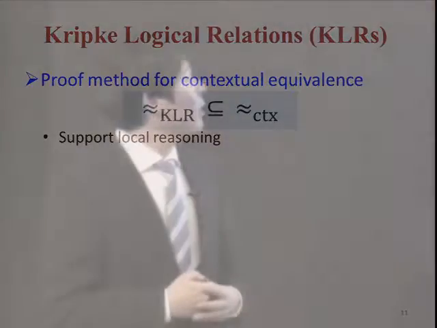So why is this a good proof method? Because it supports local reasoning about program equivalence, which means that when you show two programs equivalent, you can just reason about your local code, not reasoning explicitly about all possible program contexts, right?